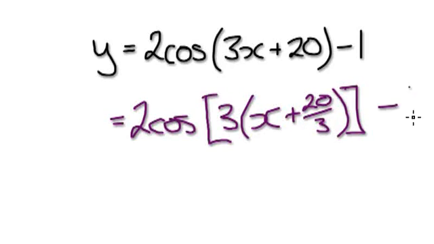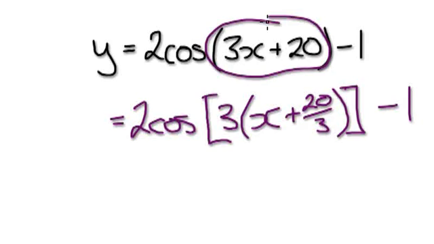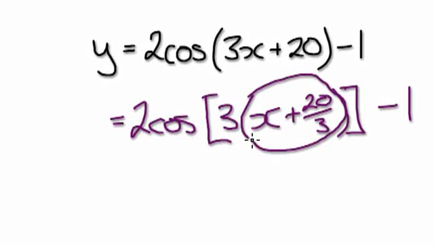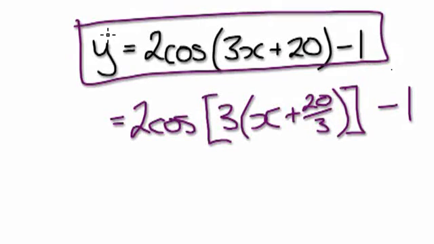Okay, and then we take away 1. So from here, write it in this form here, and this bit will be useful to us later on. So to try and sketch this line here, we would rewrite it as this.